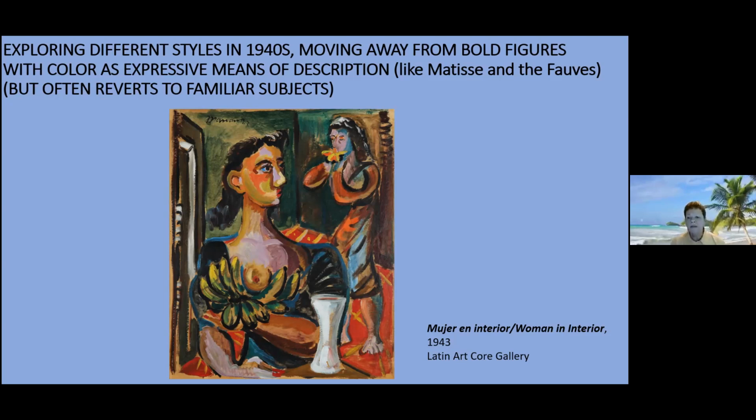So here in this Woman in the Interior from 1943, you can see, yes, she has become distorted, she has become abstracted, but also the very expressive use of color is akin to Matisse and the Fauves. Very expressive use of color that is not necessarily descriptive, but it is used to perhaps exaggerate the presence of the form.